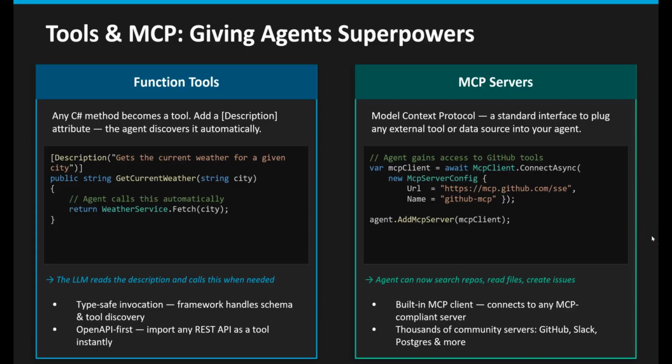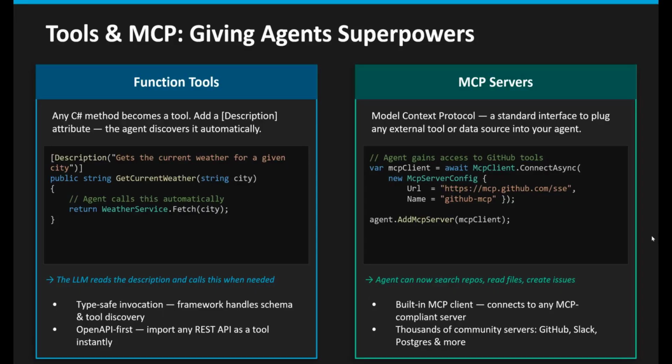The second way is through MCP, the Model Context Protocol. This is an exciting new emerging standard that allows agents to connect to all kinds of external tools and resources in a consistent and standardized way. The agent framework comes with a built-in MCP client, which means you can easily plug in any MCP compatible server, whether it's a file system, a database, search engine, or custom APIs.